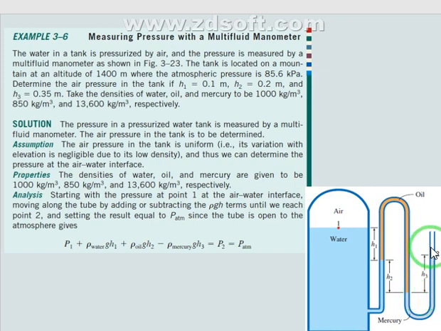The last level is mercury here, then we have air, so it's still a fluid. I can see that the end level is higher than the start level, so I use negative rho mercury g h3. All these terms are gonna equal P2 here, which is equal to P atmosphere, by the way.